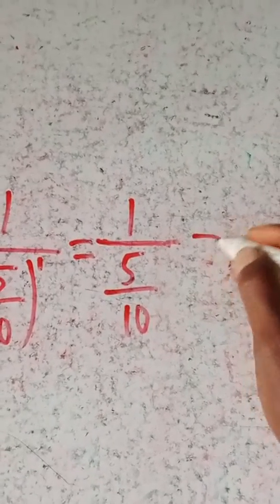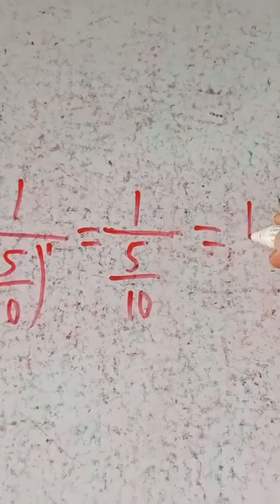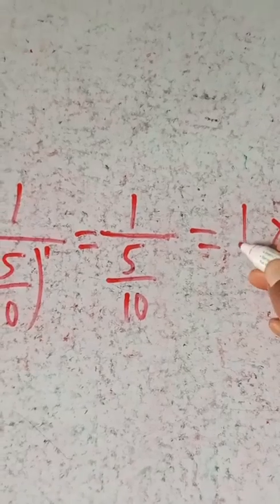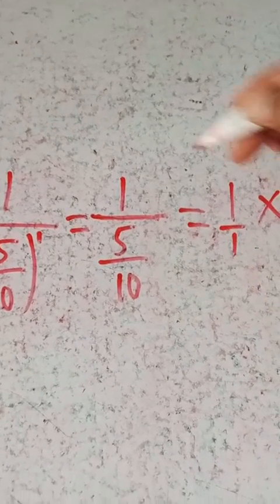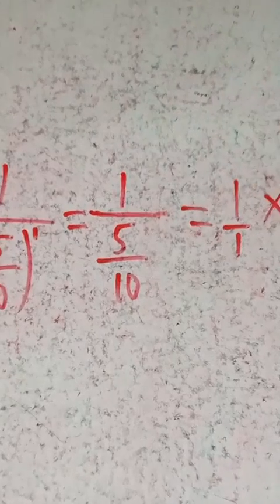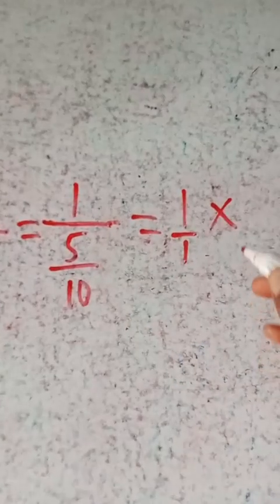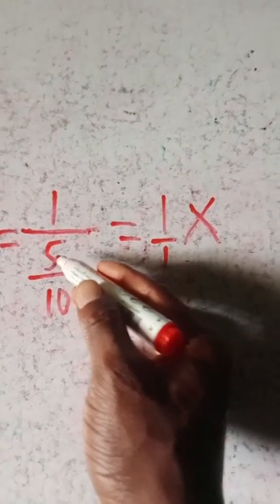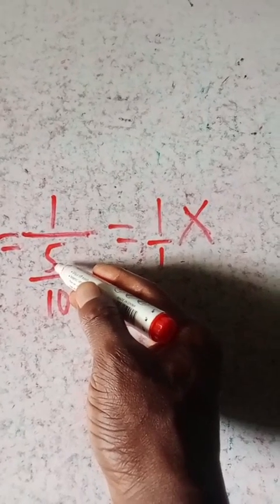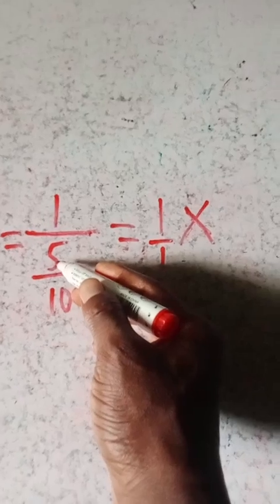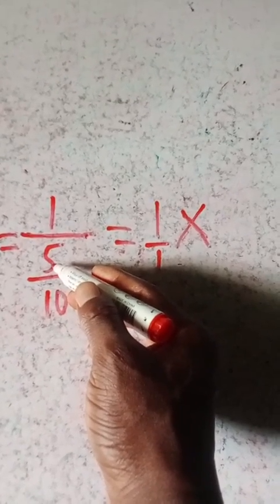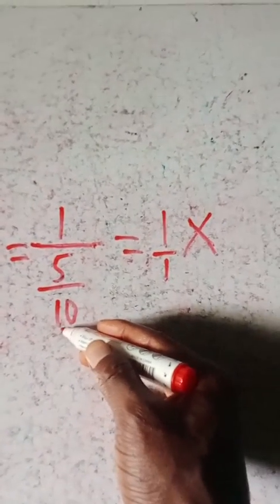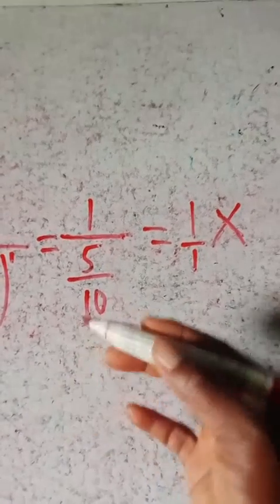So this means 1, and we can say over 1 because it does not have a fraction, then the division sign changes to multiplication, and the numerator of the next fraction changes to the denominator, and the denominator changes to the numerator.